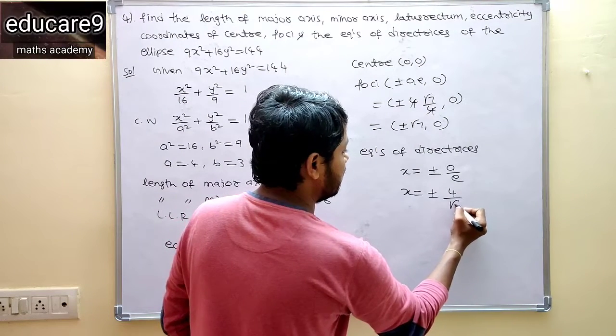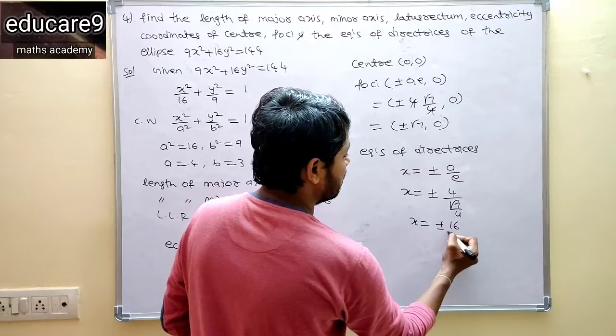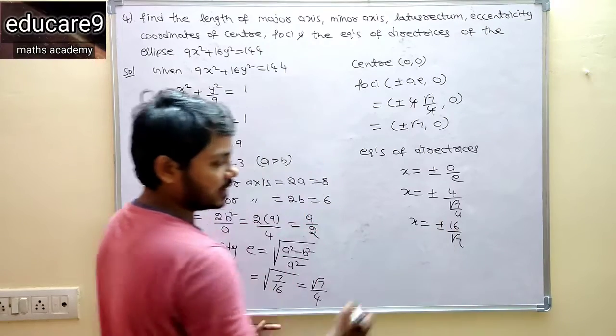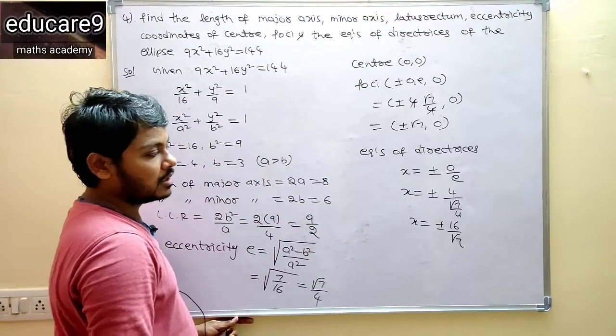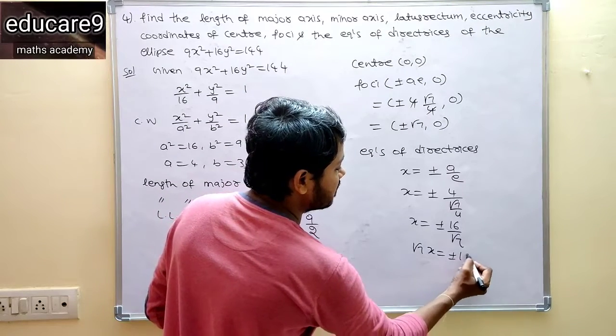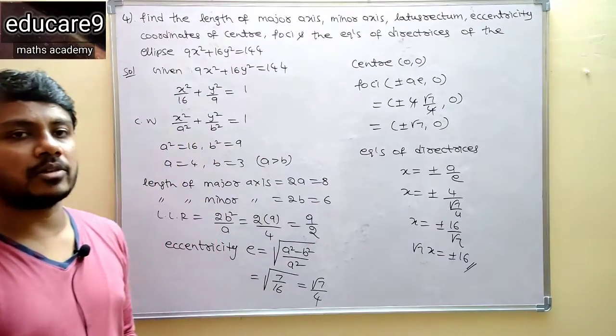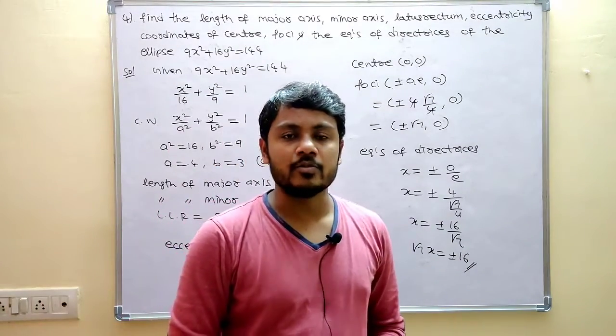Divided by e is root 7 by 4. You will get x is equal to plus or minus 16 by root 7. That is root 7 x is equal to plus or minus 16. These are the equations of directrix. For the next session we will discuss more problems.